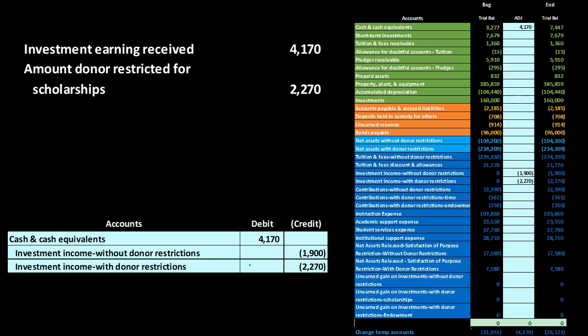Recording this out then, we could see that the cash is going to be a debit amount. We got the cash debit here. We will be debiting it, bringing the balance to 7,447.